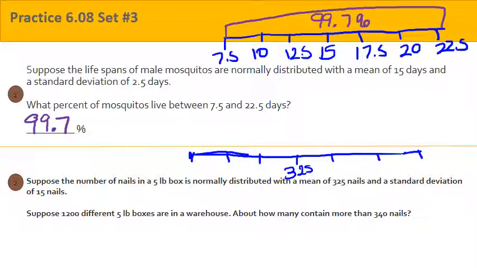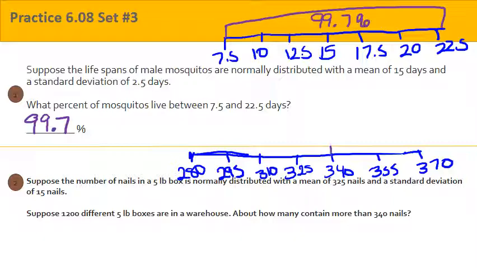Add the 15 going up, subtract it going down. So you're going to get 340, 355, 370. And then going down, we get 310, 295, and 280.